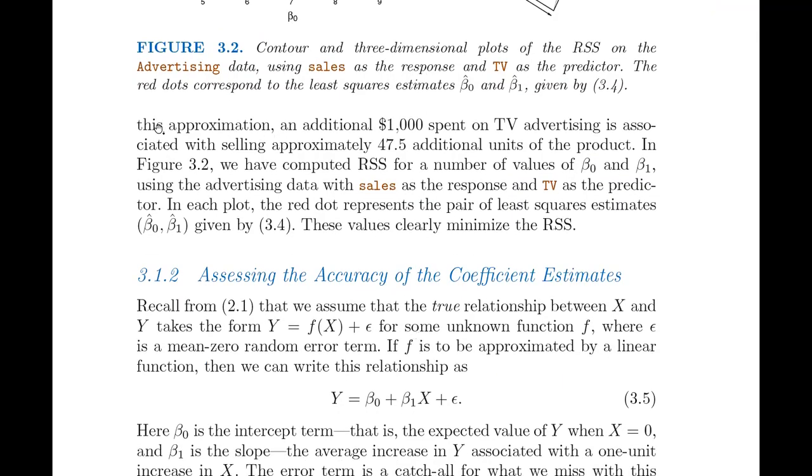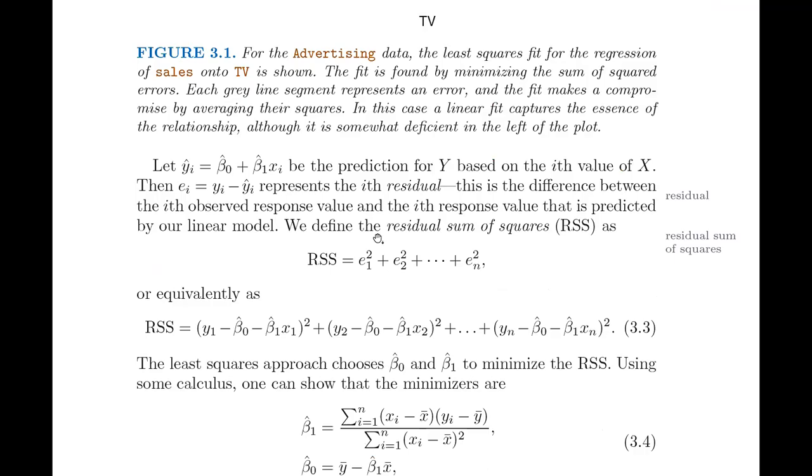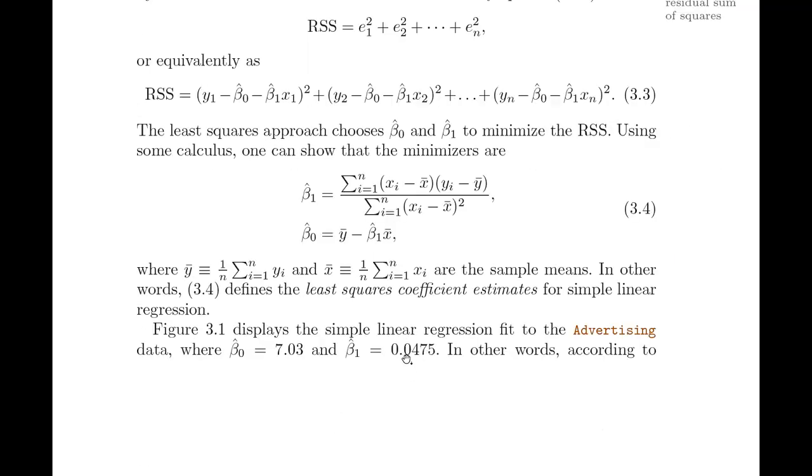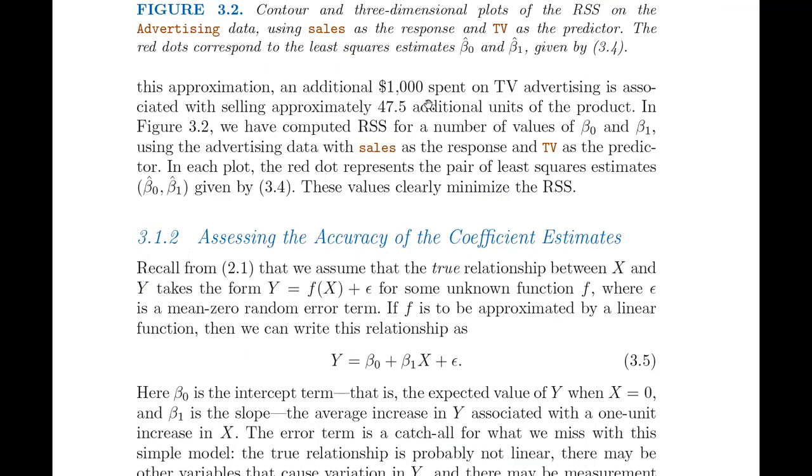So look. Every dollar spent, it's a positive gradient. So every dollar spent will get you 0.0475 more dollars of sales. It's a lot easier to work in thousands, given that the gradient is less than 1.